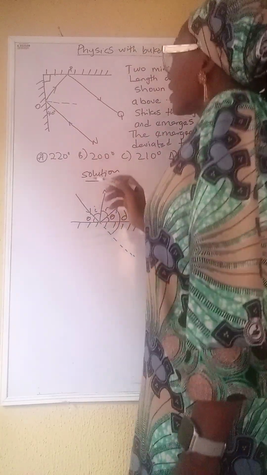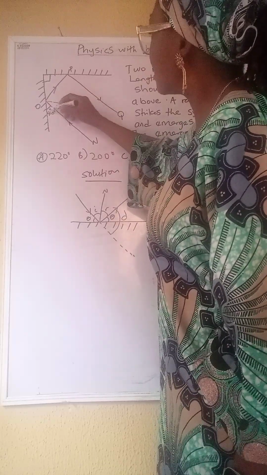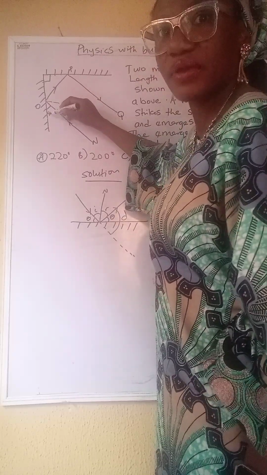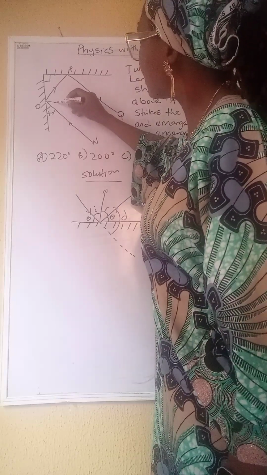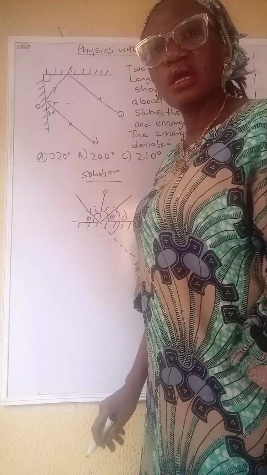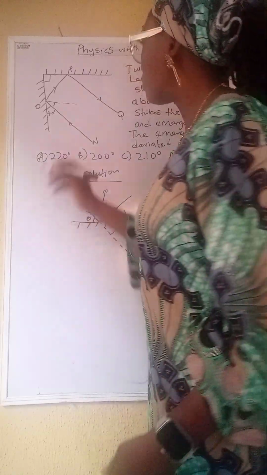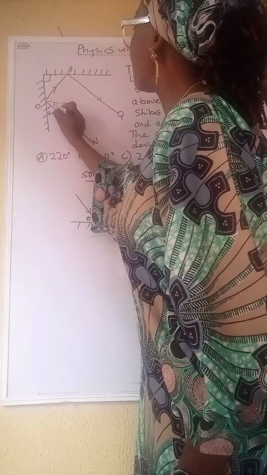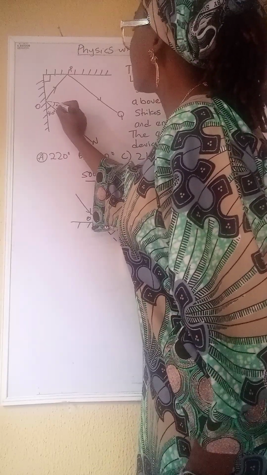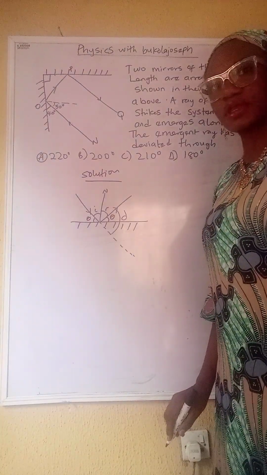So this is going to be 90 degrees, and I can find this angle. How? 90 minus 40 gives 50. So we have 50 degrees here, and so here is going to be 50 degrees too.